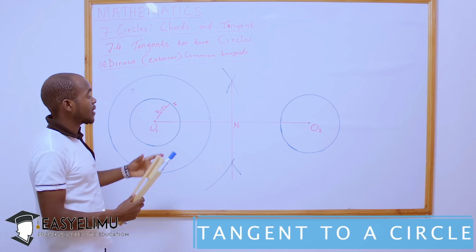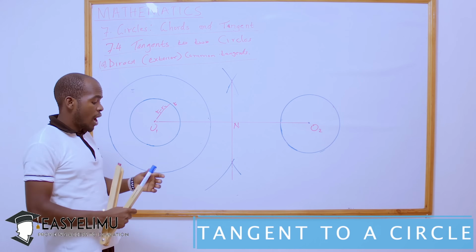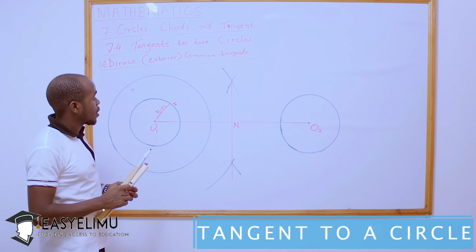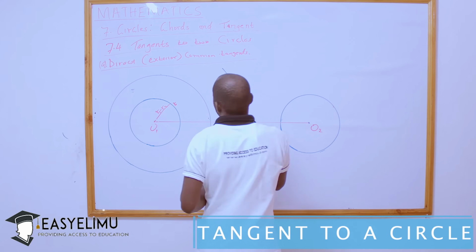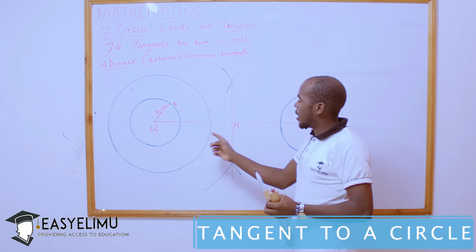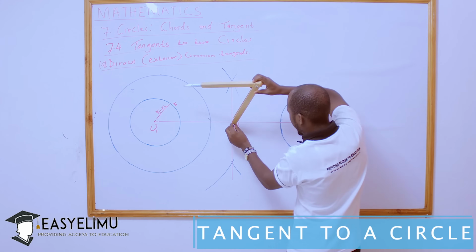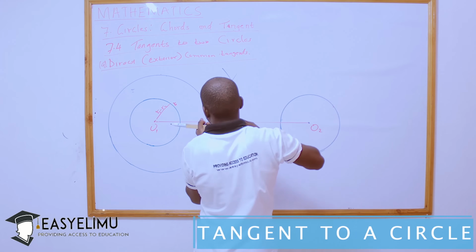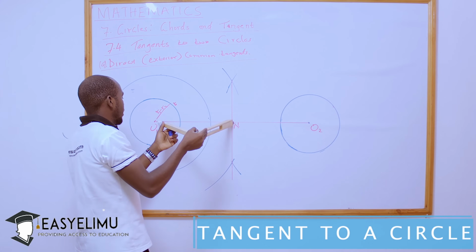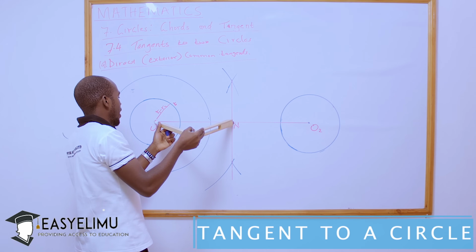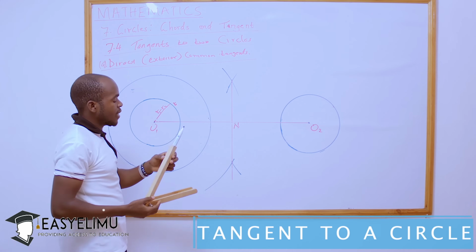I'll take my pair of compasses and place it at N, taking the radius O1N, that's my radius.